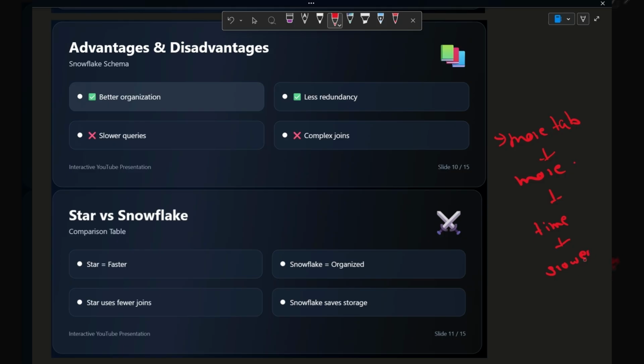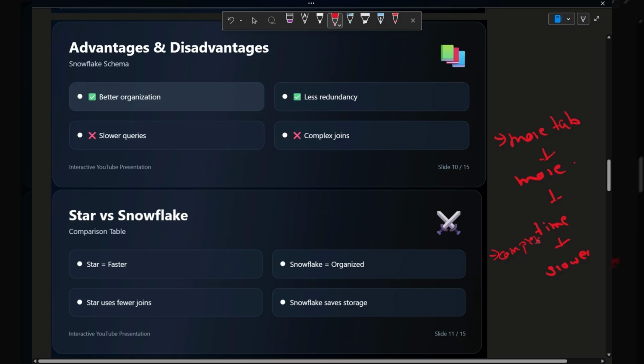So in the Snowflake schema, there is a problem of slower queries if we are using very complex queries, because joining the tables requires time and effort. We need to do complex joins to arrive at the output.